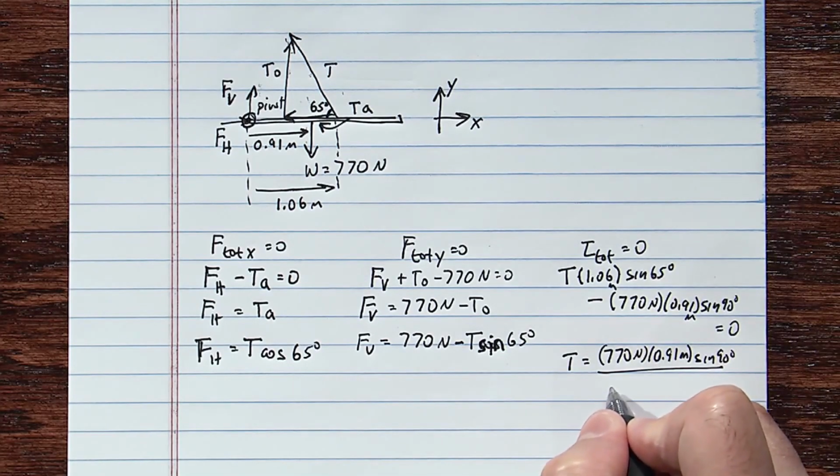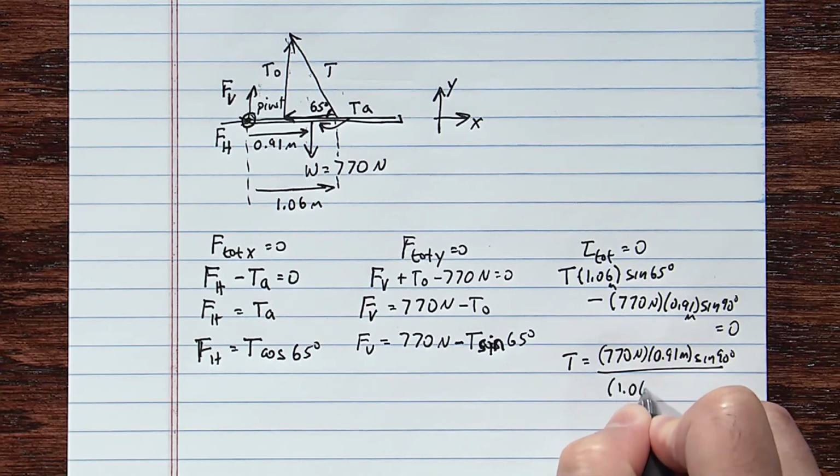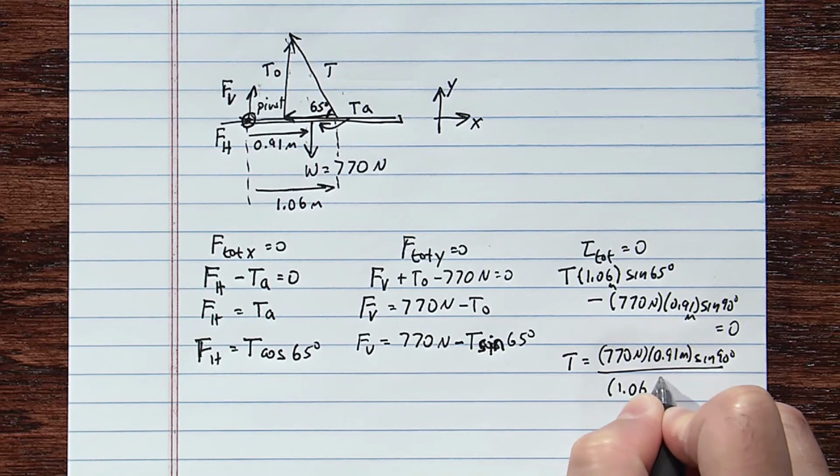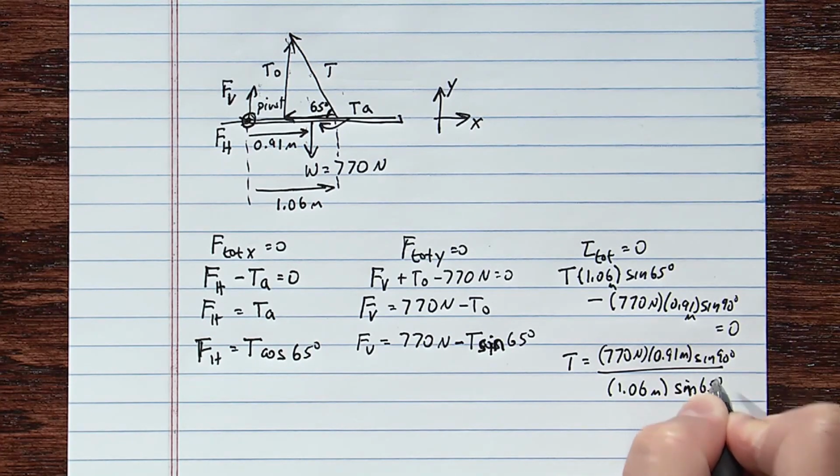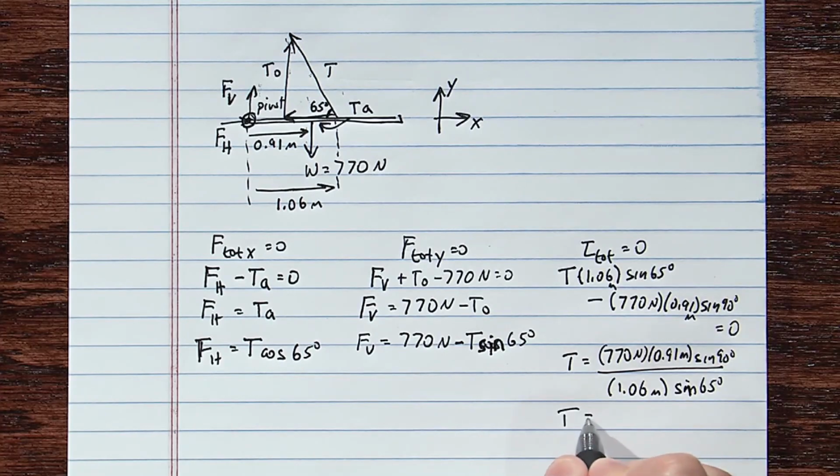Keep all of my units in. Divided by 1.06 meters times the sine of 65 degrees. And we can calculate our tension.